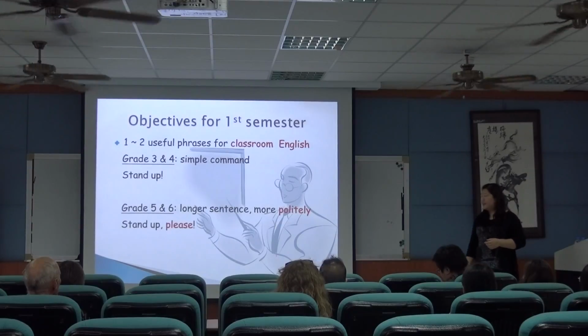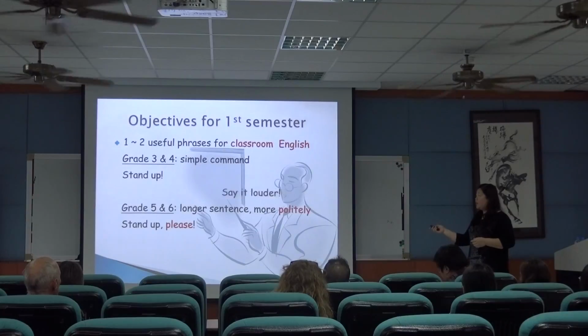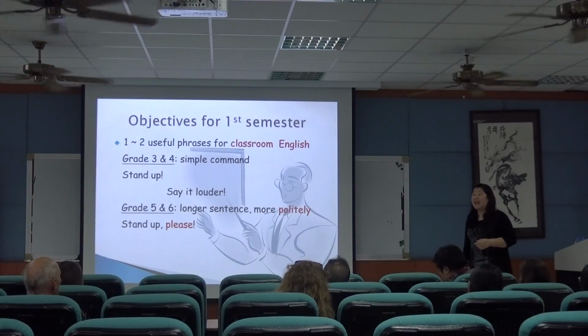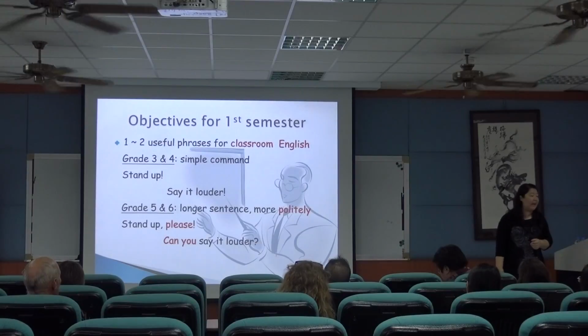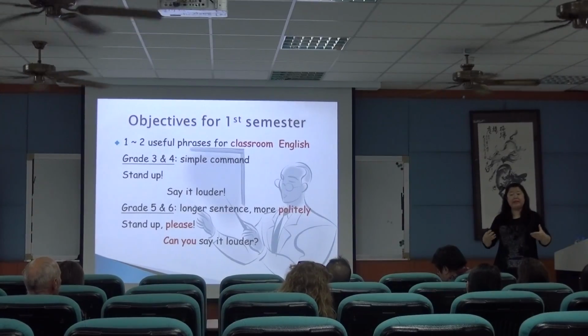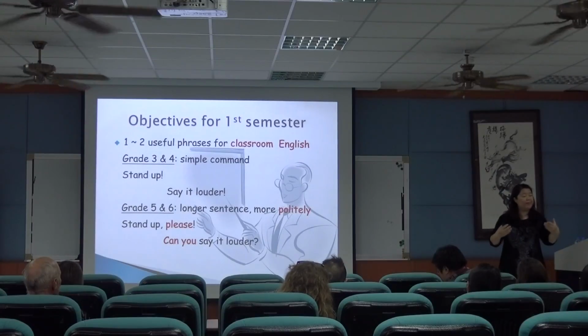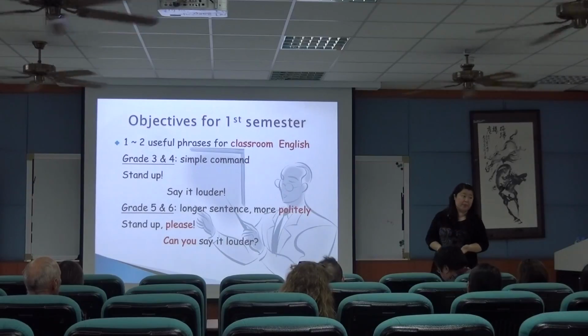But for grade 5 and 6, we tell them to stand up, please. And for grade 3 and 4, we tell them to say it louder. But for grade 5 and 6, we tell them, can you say it louder? We make the classroom English in a longer, more polite way. Okay? So it's also easier to prepare for the lesson.